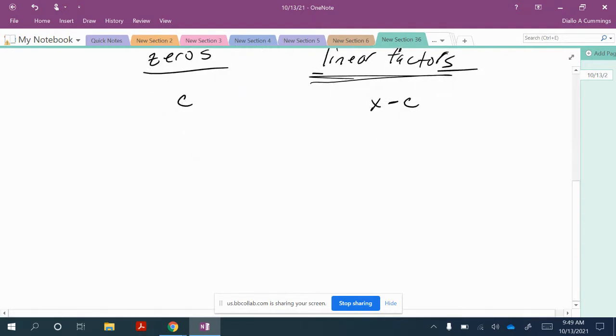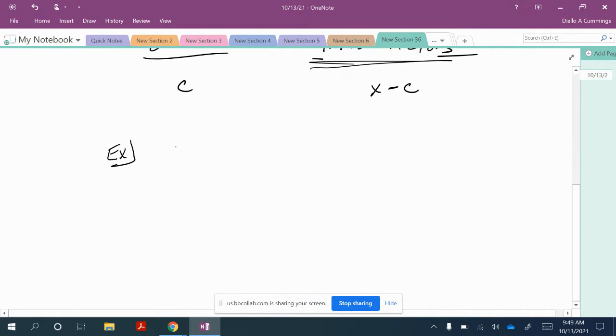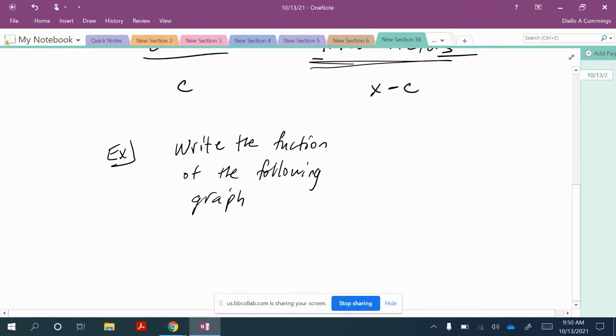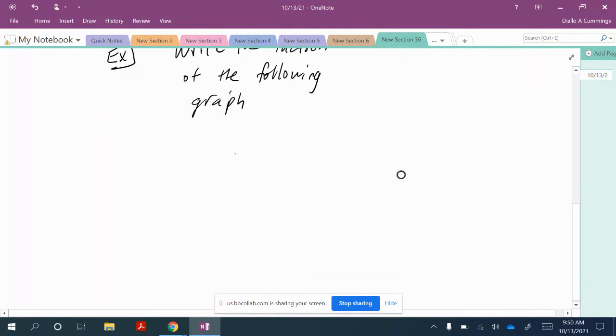All right, and here's just an example. So we're asked to write the function of the following graph. All right, so this is a very rough sketch of a graph.